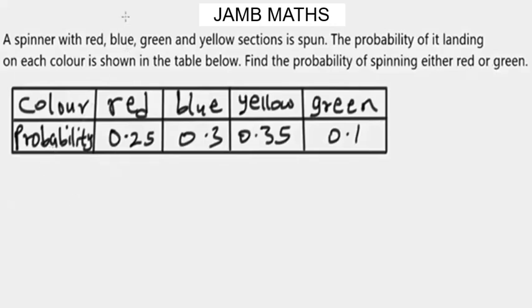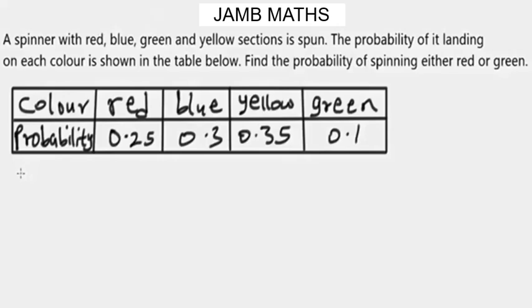Now for two events, let's say A and B, the probability of either event A or event B happening is equal to the two separate probabilities added together minus the probability of events A and B both happening.